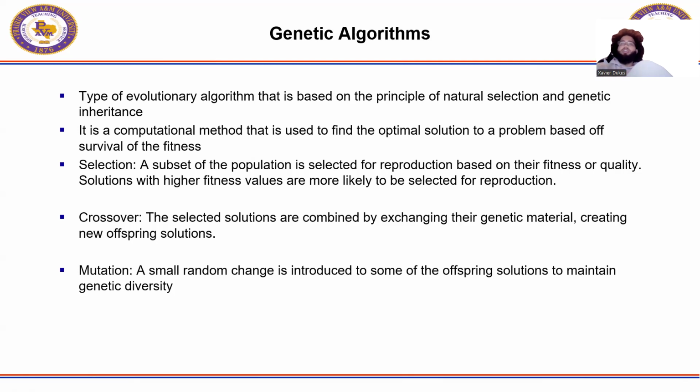So a selection is a subset of the population selected to reproduce based off of their fitness or quality of solutions, with higher fitness values being more likely to be selected for reproduction. And then just like in actual survival of the fittest, you have crossover, which is like the reproduction, and then mutation, random mutations that occur in genes.